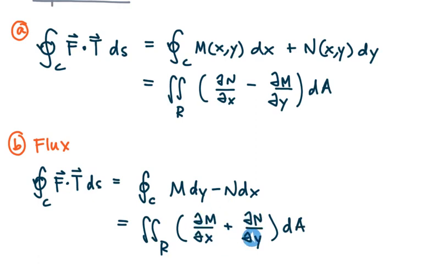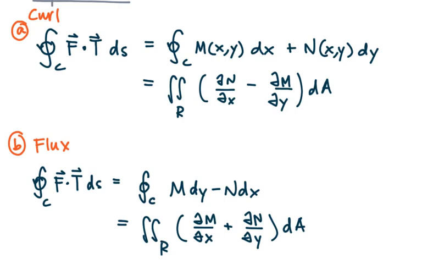So in here, this tells us about flux or divergence, which we have not talked about yet. But if you were asked to calculate outward flux, then you would solve this double integral using your divergence or flux formula.